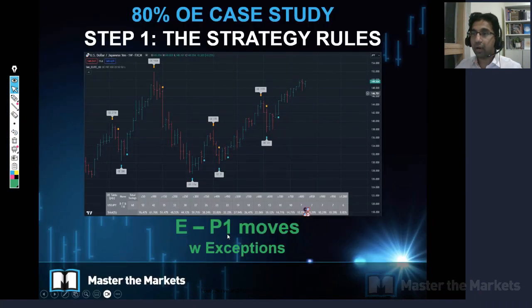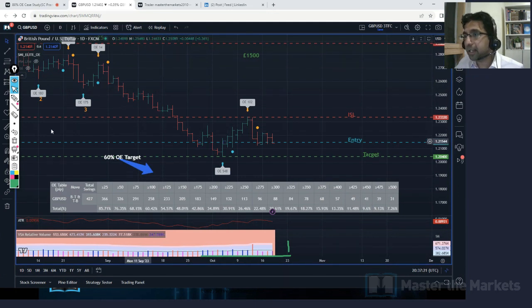Now I have included here, as in our previous video, that in your crib sheet, in your strategy construction rules, you should also have some exception rules. Some exception rules might be that on the bar that confirms your top, the confirmation bar, in this case the orange dot, so we're not trading every dot here, only the phase ones.